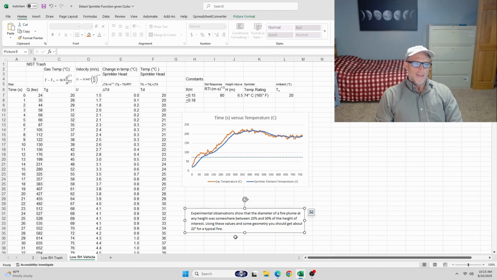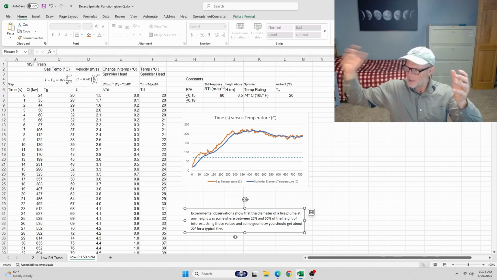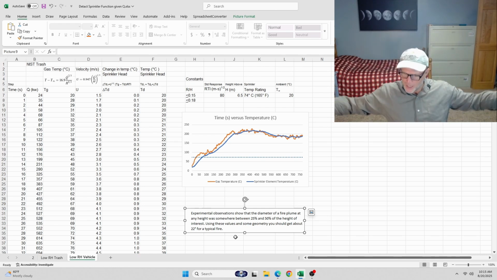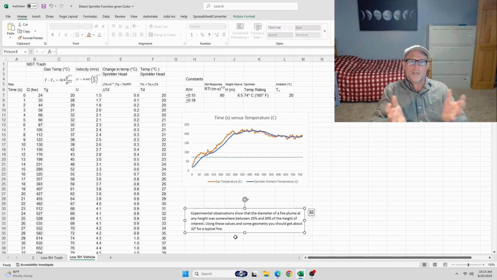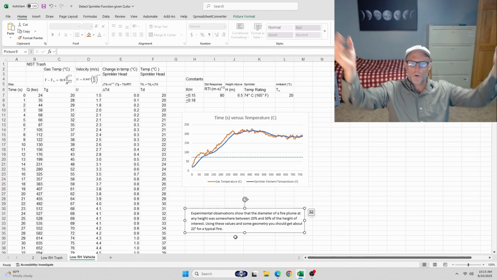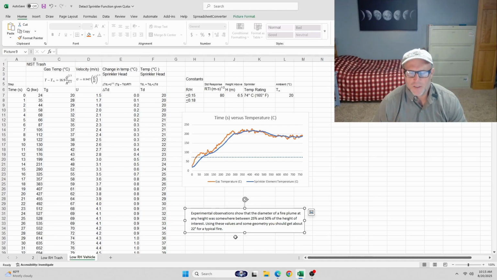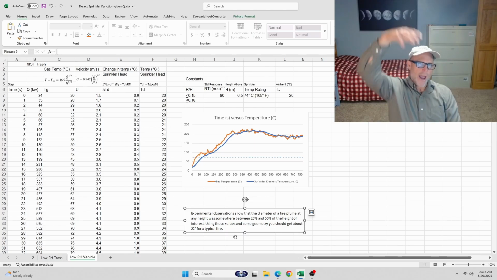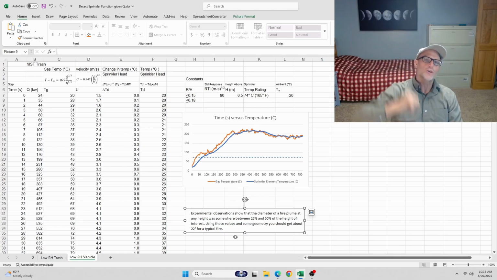The reason for that is air entrainment. Because hot air rises, it has a velocity that's different than the ambient air, and the ambient air pulls into that velocity and creates this huge cone, and that angle is about 22 degrees over time. What that does is it cools down the hot gases. So the higher the gases go up, the cooler they are.